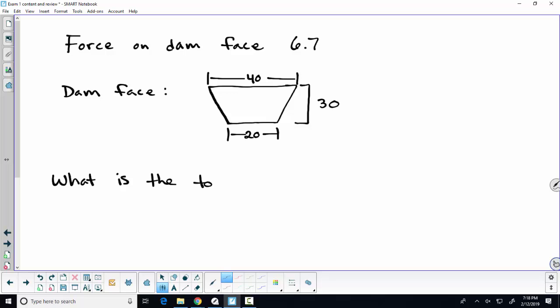Total force on the face of the dam when the reservoir is full.